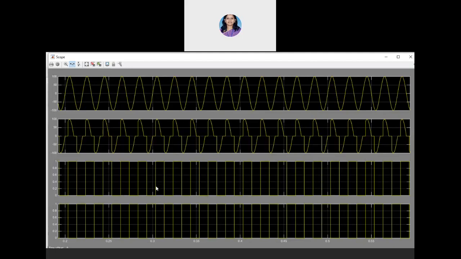These two outputs we are getting for pulse generator 1 and pulse generator 2. You can also verify from here that when the first pulse is there, the first thyristor is giving us the output. When the second pulse is there, the second thyristor is giving us the output. Fine. So this was the basic function of the single phase AC voltage controller.